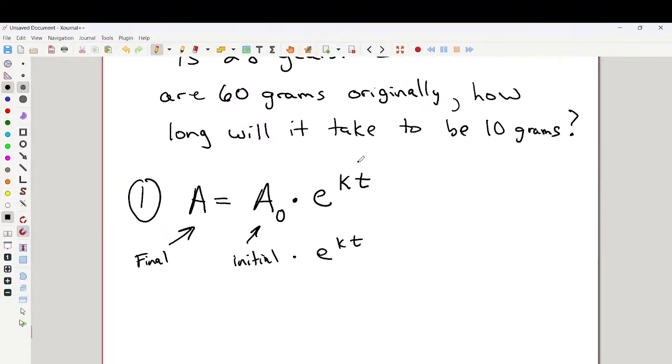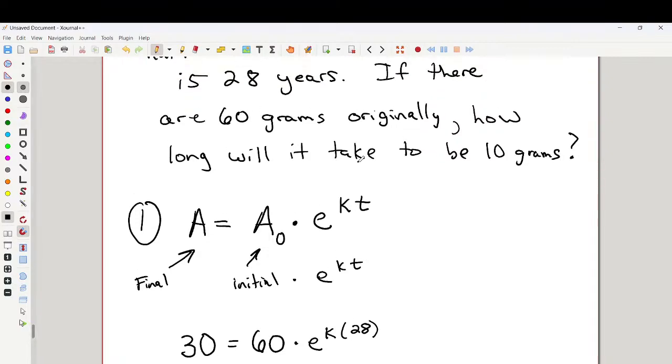We don't have k. We only have two pieces of information. We know that it's going to take 60 grams originally to become 30, which is half of the original amount, in 28 years.